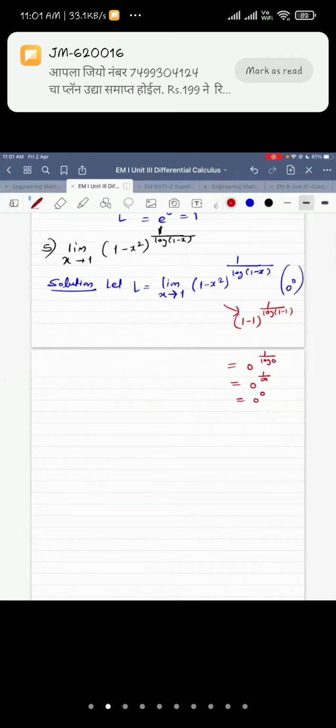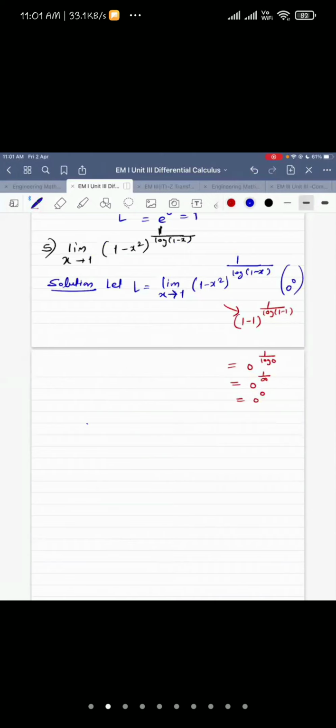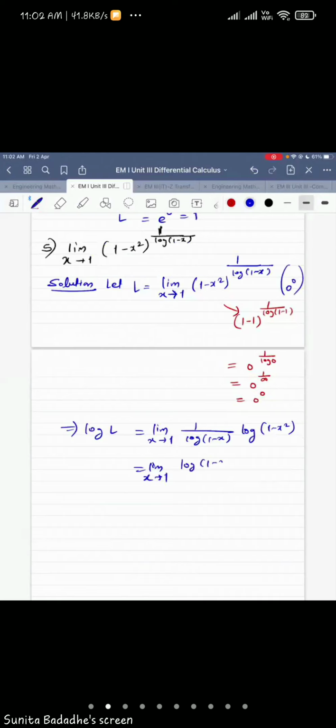So now take log on both sides. Log L equal to, I'll take log inside immediately, so 1 upon log of (1 minus x) into log of (1 minus x square). It will come in this form, right? So this is expressible as log of (1 minus x square) upon log of (1 minus x).